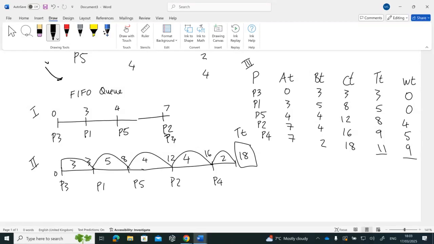Okay, take the sum of this, take the sum of this. Tell me how much. Turnaround time 36. 36? And waiting time would be 18. So now step 4.